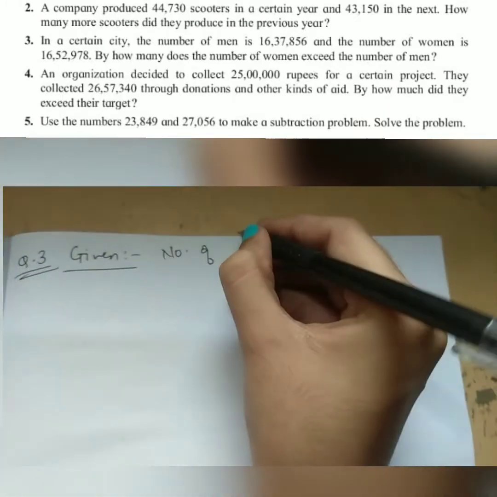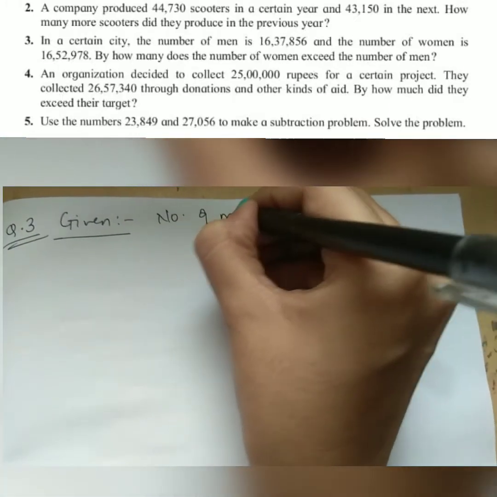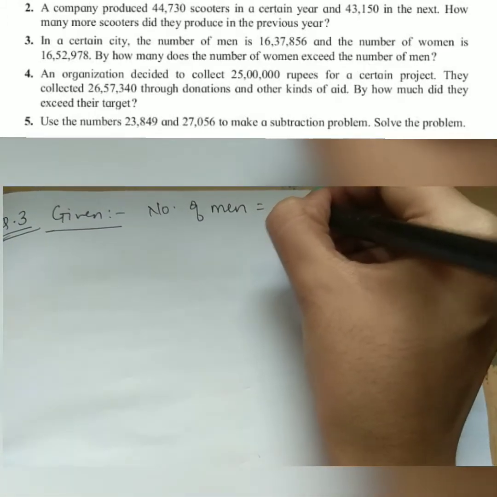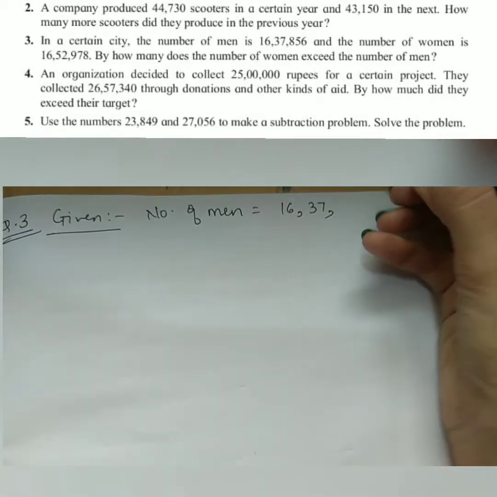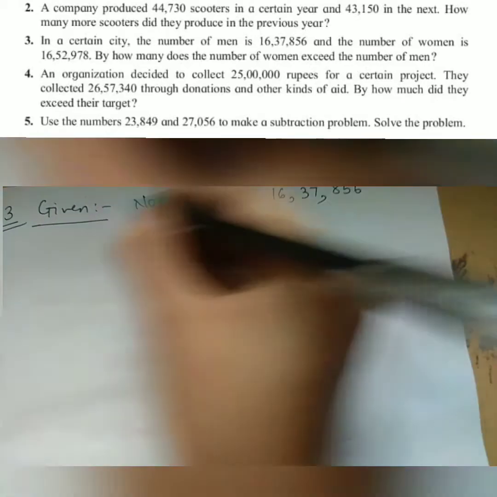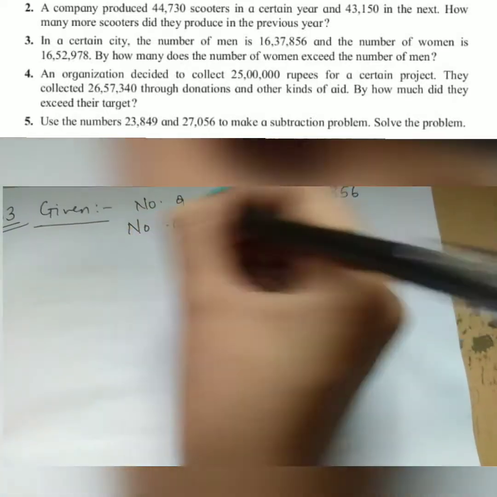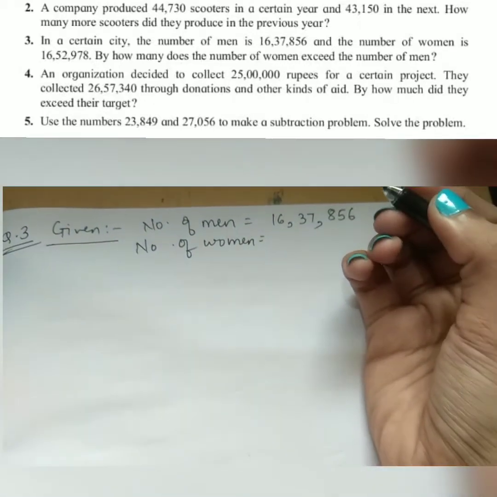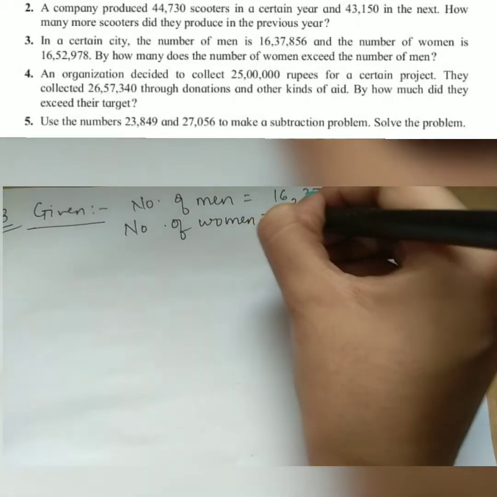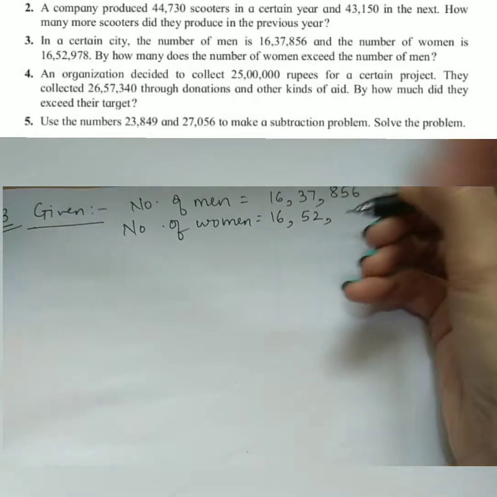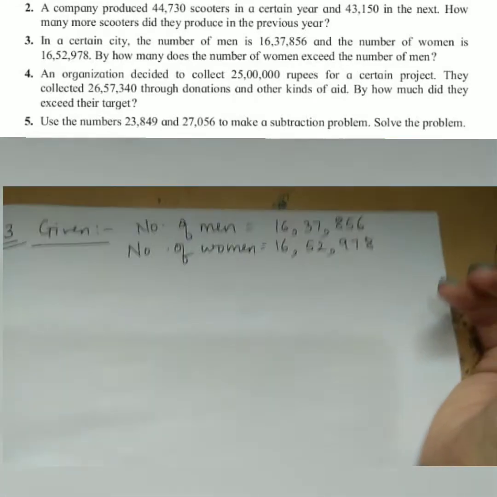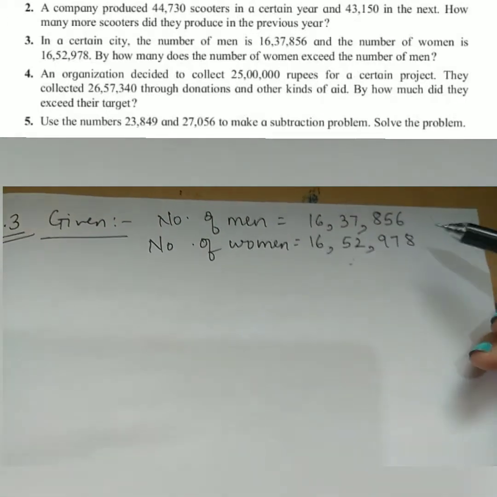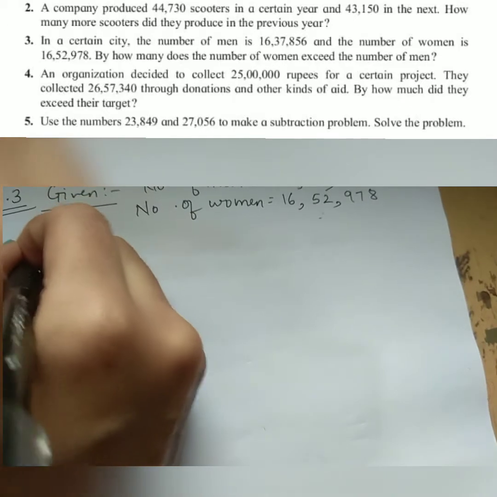Number of men, they are 16,37,856. Then number of women, they are 16,52,978. Clearly, number of women is more than number of men, and we have to find that only.